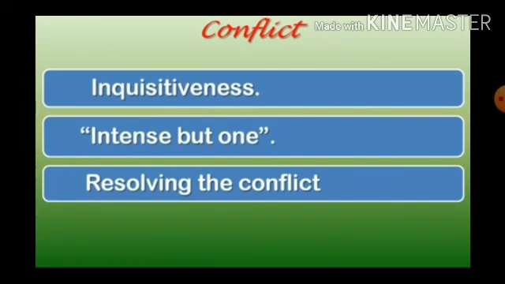Once you have created the conflict, it can be between the characters, or between two events, or it can be altogether a new twist in the story. So you should have a proper solution for that conflict.